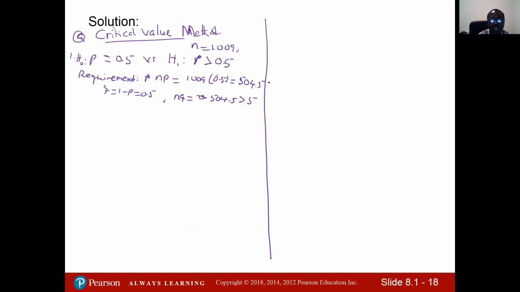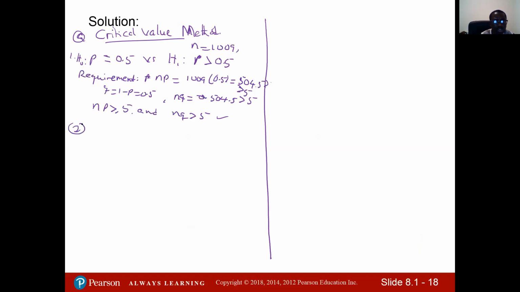Both of these are greater than 5. The requirement says that we have 1,009 individual trials, so they are all independent. If np is greater than or equal to 5 and nq is greater than or equal to 5, then we can use the normal distribution to approximate the binomial. So that is step 1.